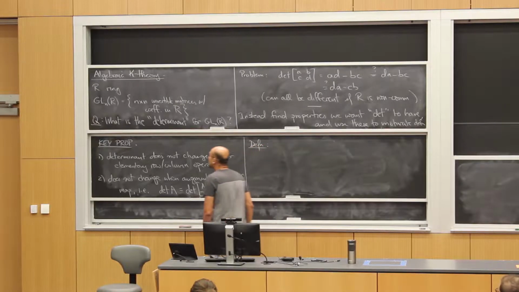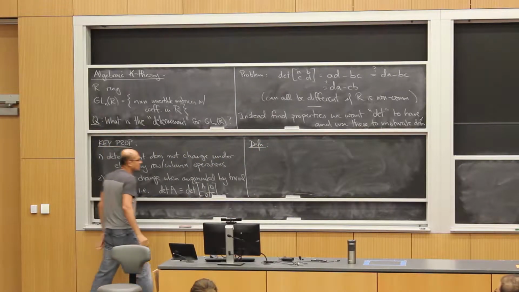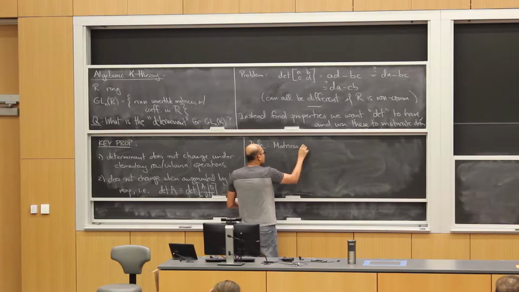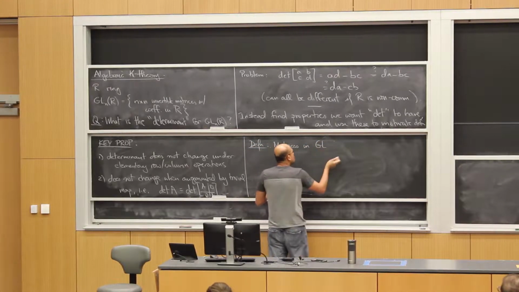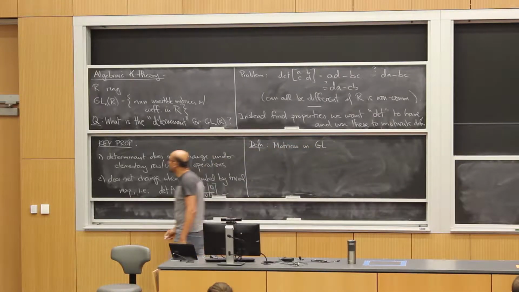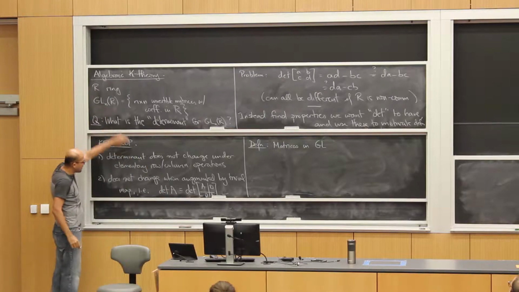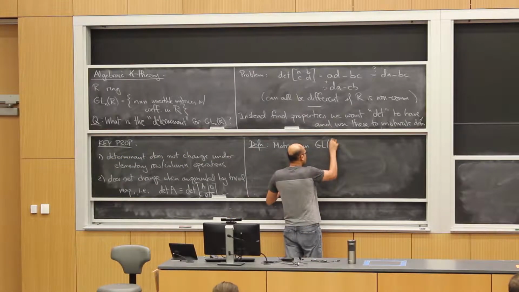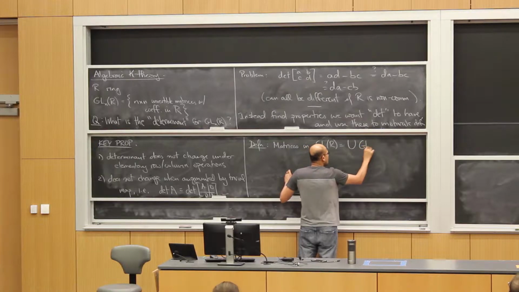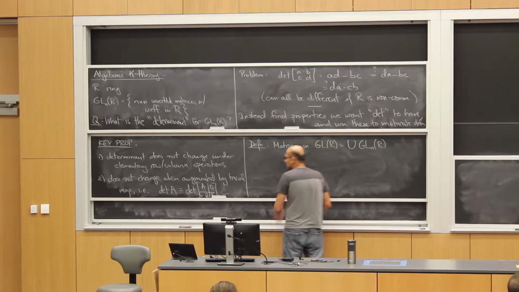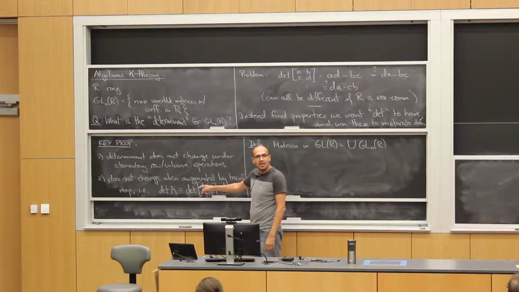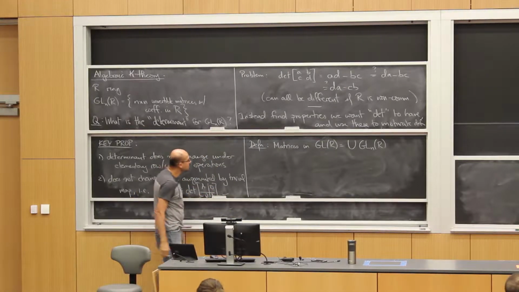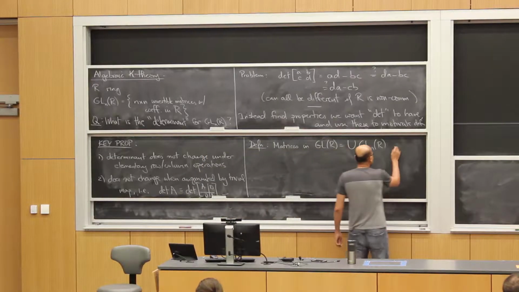We say that two matrices in GL(R), so now I'm going to pass from finite matrices since I want to allow augmenting, where GL(R) is the union of GL_n(R) under these inclusions, where you can think of an n by n matrix as a larger one just by tacking on ones, are equivalent.